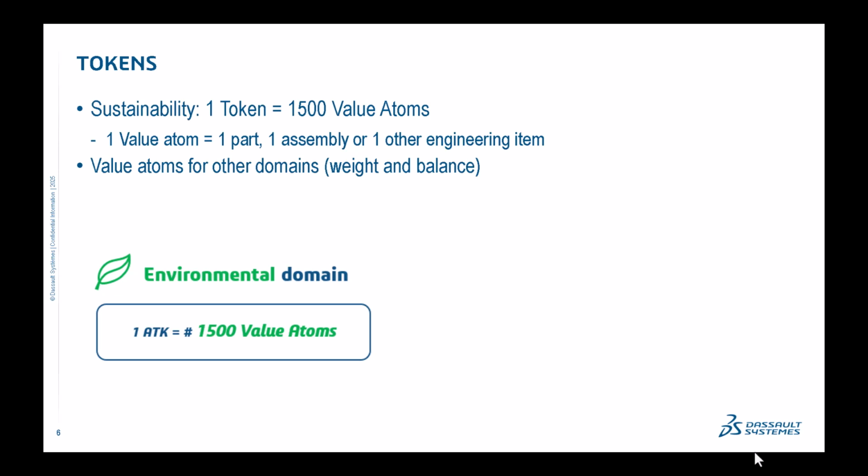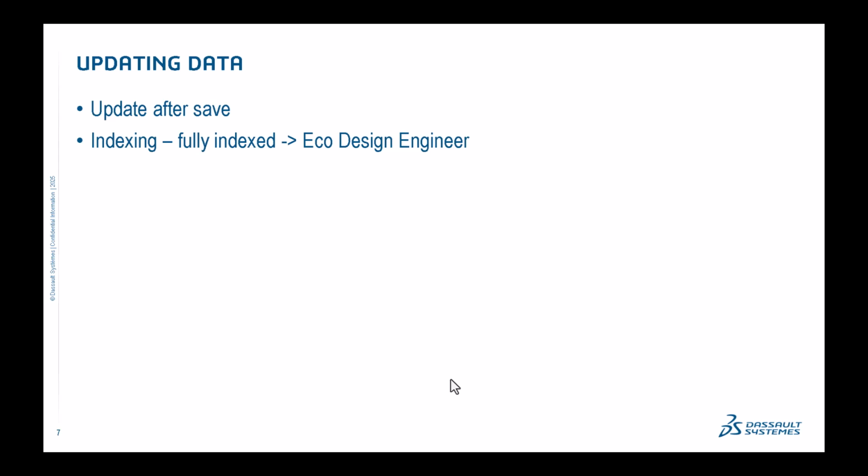The next important concept involves updating data after it has been saved to the 3DEXPERIENCE platform. So after saving your models, several 3DEXPERIENCE platform processes are run automatically on these models. This is so that these models can be integrated into the full suite of data management applications on the 3DEXPERIENCE platform.